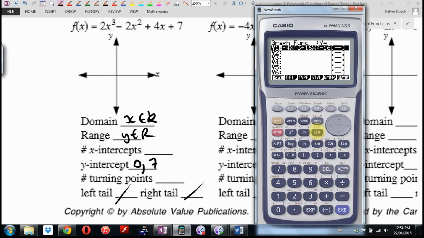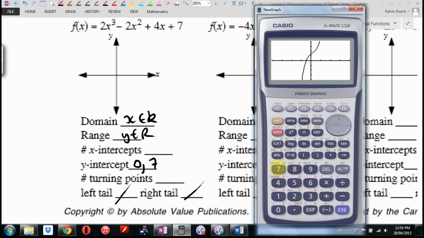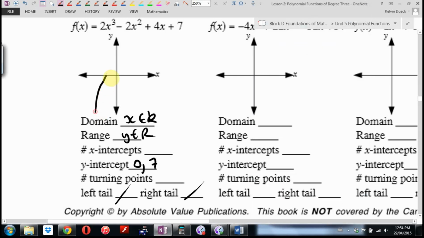Again, I see a number of you just kind of watching. You want to get good at typing these in. Kind of like that. How many x-intercepts?